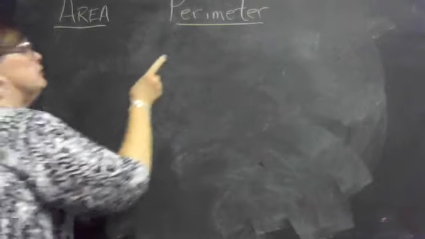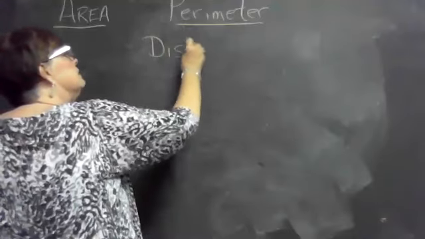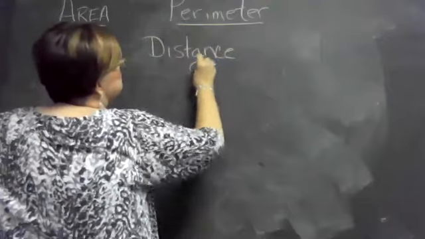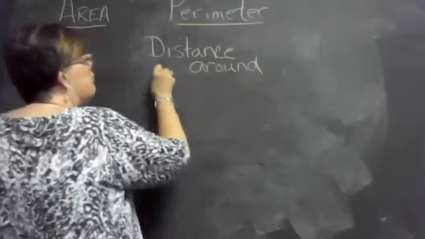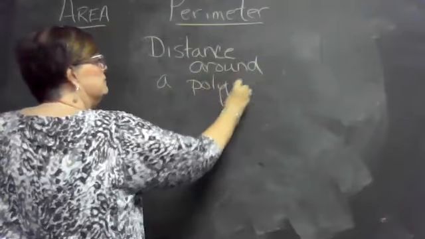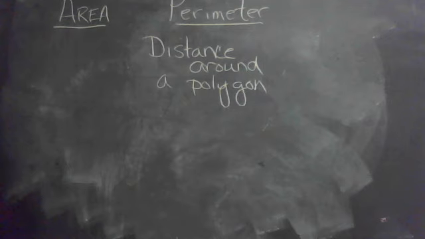Okay, perimeter is the distance around a polygon.